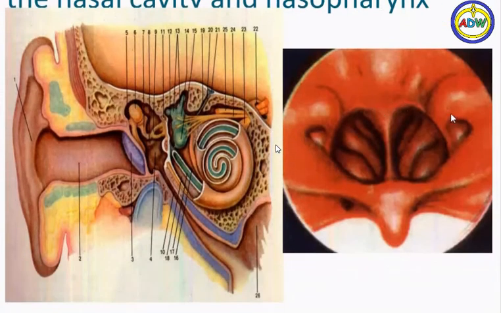And normally, in the nasopharynx, microorganisms are also present. It's not a sterile condition. But the middle ear is sterile. And we said that the mucosal lining which starts from the nasopharynx through the eustachian tube lies over all the structures of the middle ear.